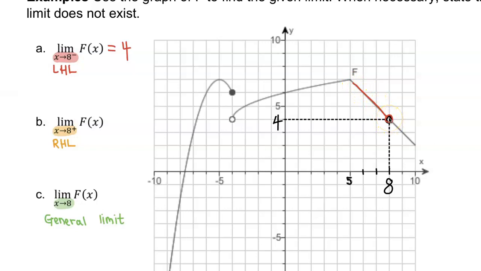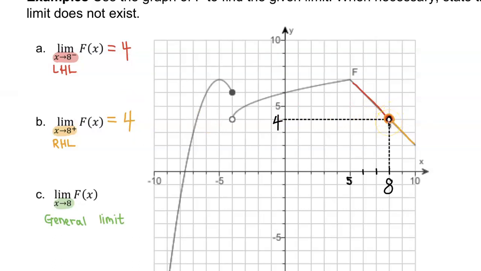And it's the same for the right-hand limit. Notice that if I start from the right side of 8, so somewhere from 10, and go to the left, it's approaching that same open circle of 4. So both the left-hand limit and the right-hand limit are 4. They are approaching the same open circle right here.